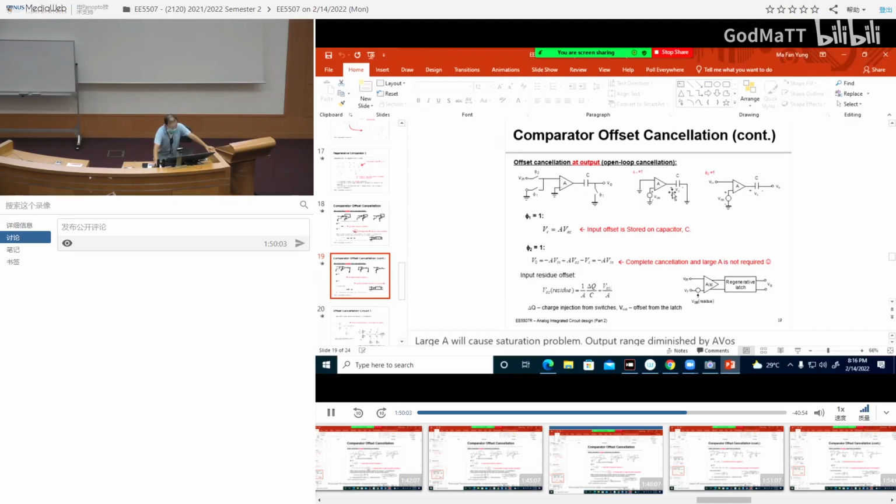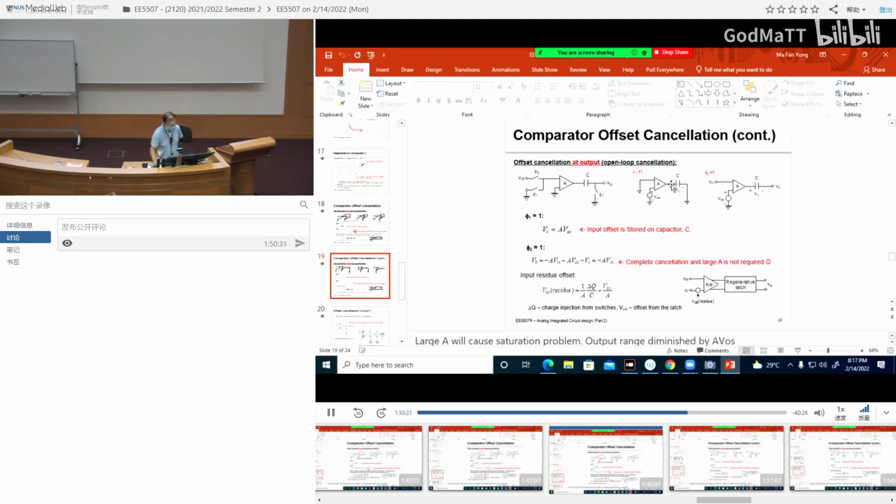During the storage phase, phi 1 equals 1. I will close this switch, open this one. That means I open-circuit the input, connect this input to ground, and then connect this capacitor to ground also. And then if there's an offset here, this offset will be stored in VC.